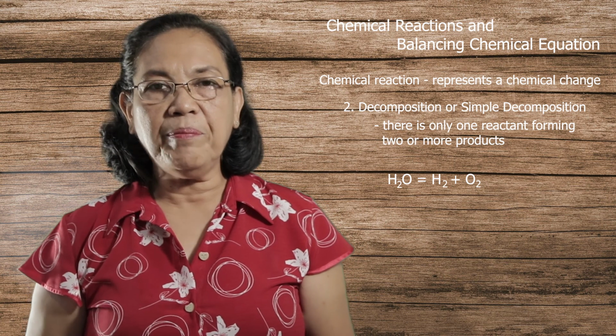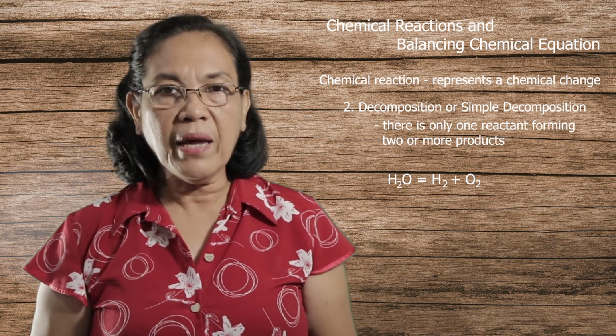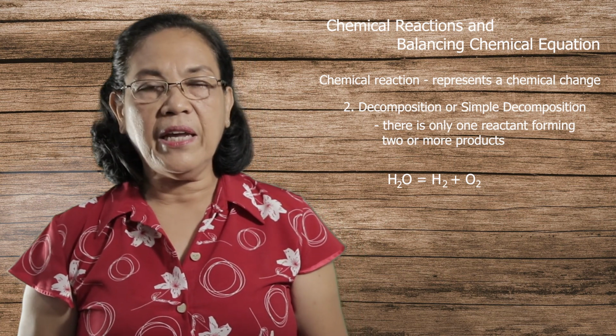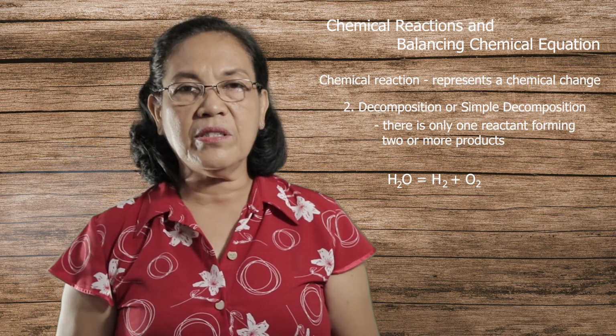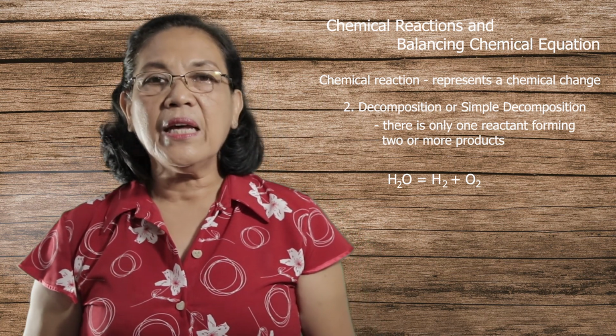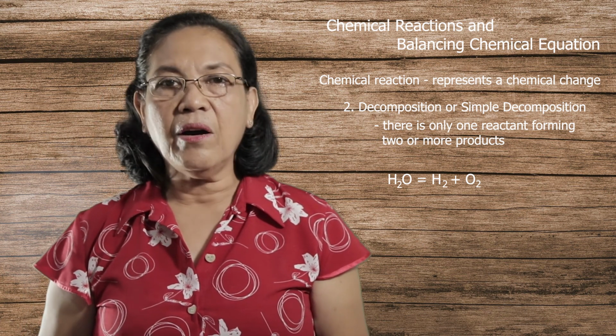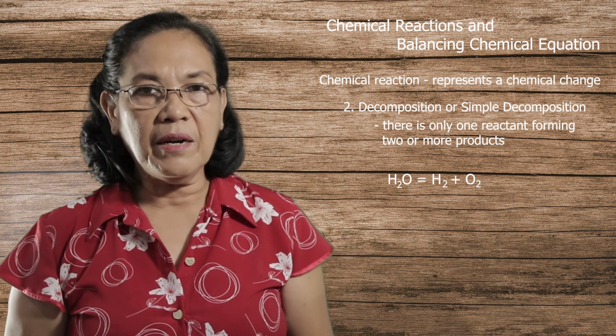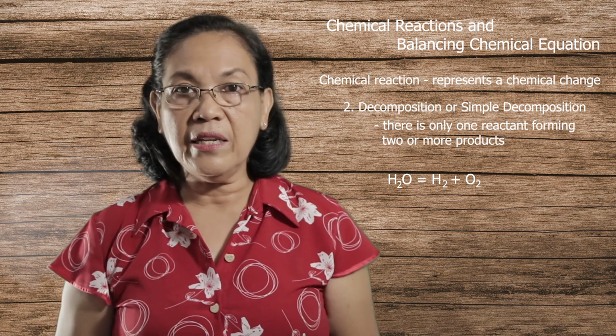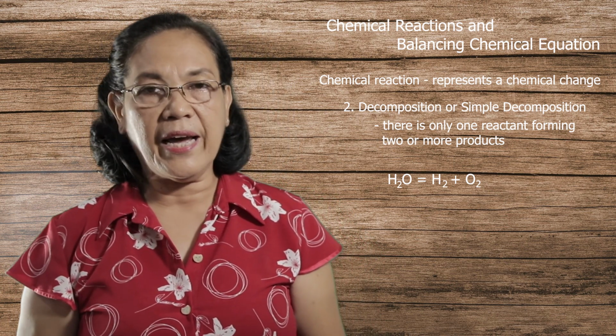When you are going to decompose a 2A metal bicarbonate, meaning these metals belong to the 2A family, then the products formed are the metal oxide plus the carbon dioxide and the water liberated as a gas.